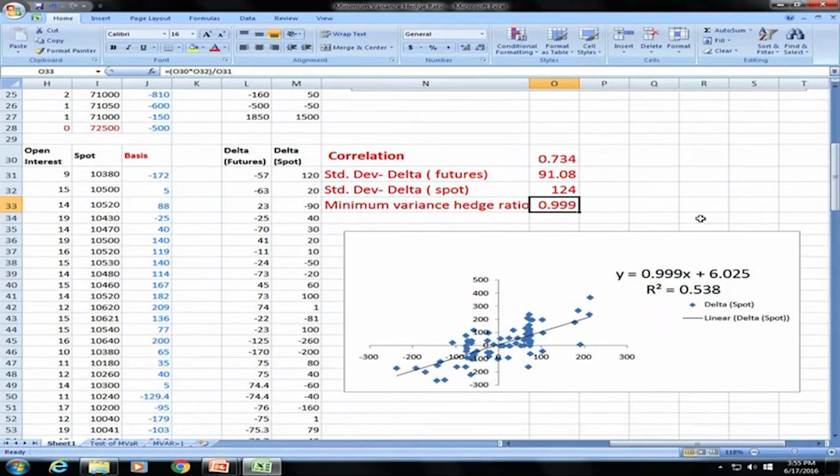That means for every 1 unit of isabgol spot position being held by a consumer or producer, they should take a futures position for the same quantum of underlying. So price risk associated with 100 kgs of isabgol should be hedged by entering into a futures contract for a quantum of 100 kg.